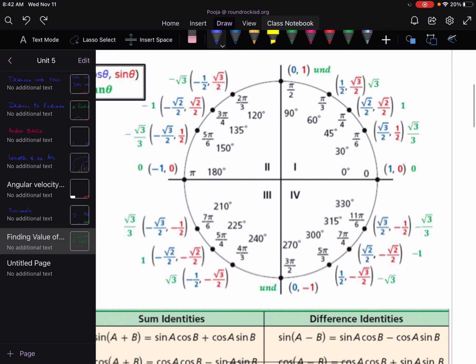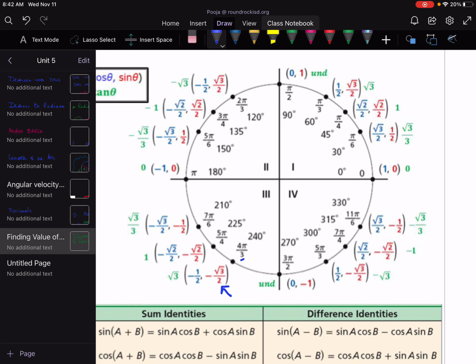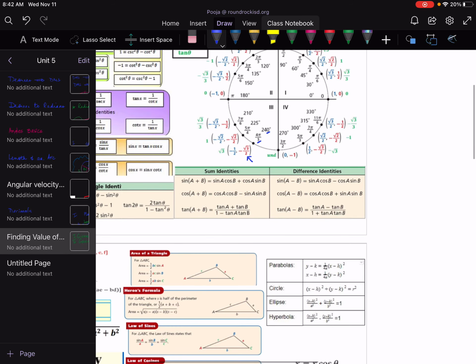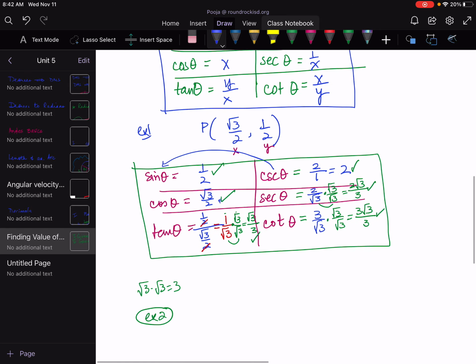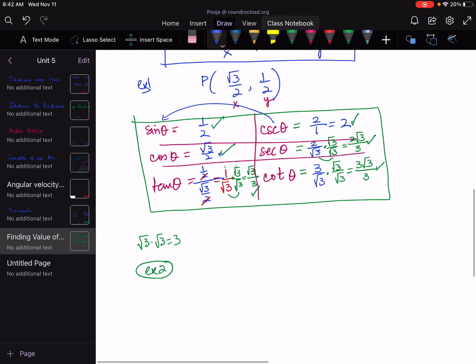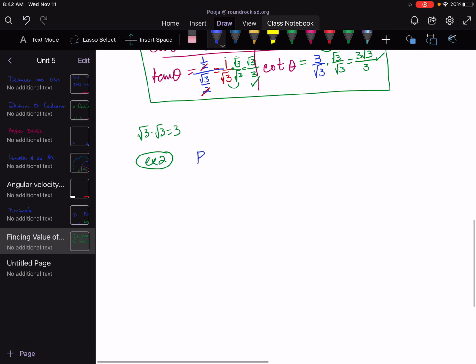Let's say we pick this point, the most odd looking point, which is corresponding to that radian and that particular degree. Negative half, negative root 3 over 2. So given a point, negative half, negative root 3 over 2, I have to find all 6 trig functions.